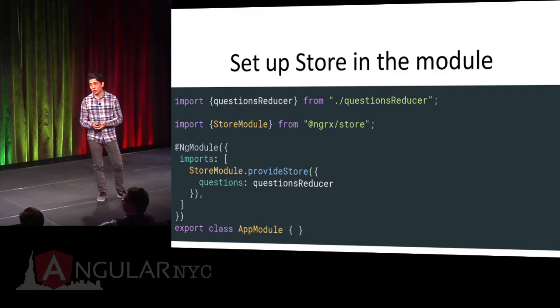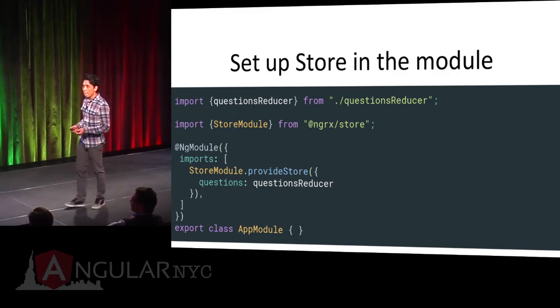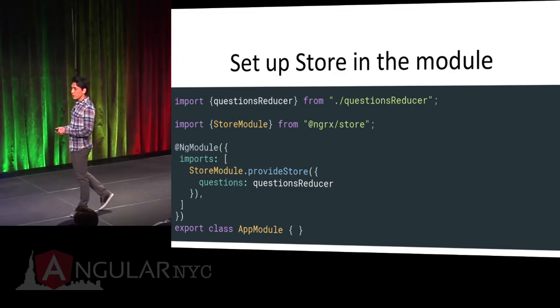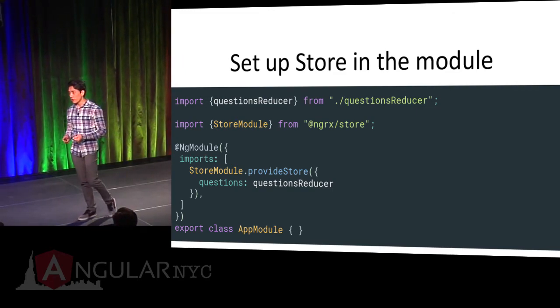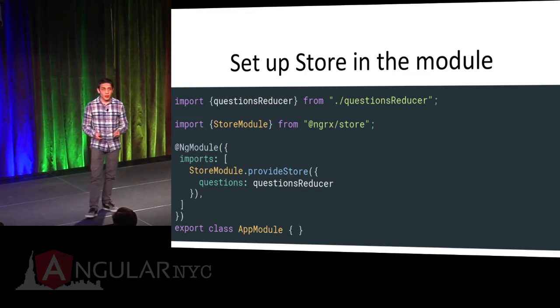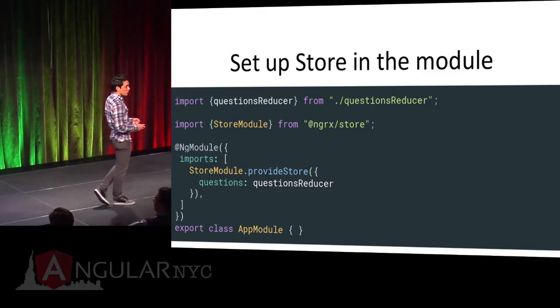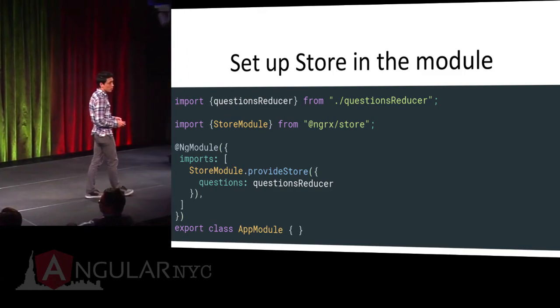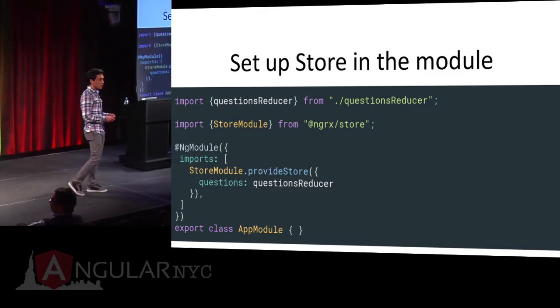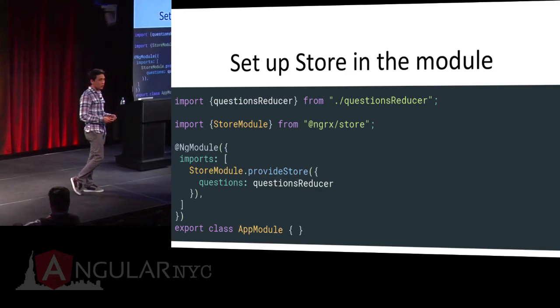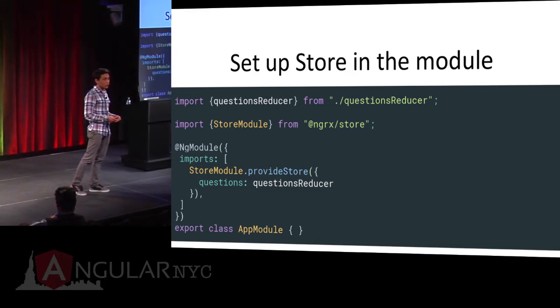Then we need to set up store in our module. And first of all, we need to import our reducers, or a reducer in this case, and a store module. Then we need to provide store in the imports and pass an object with our reducers.